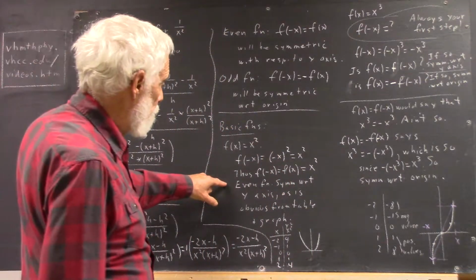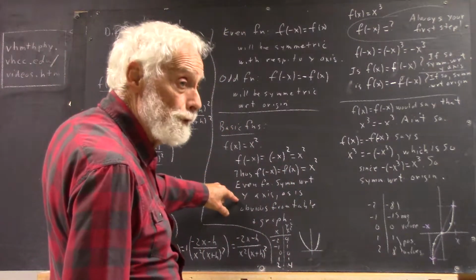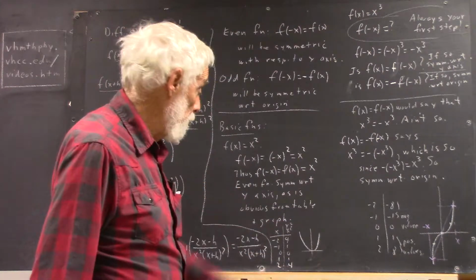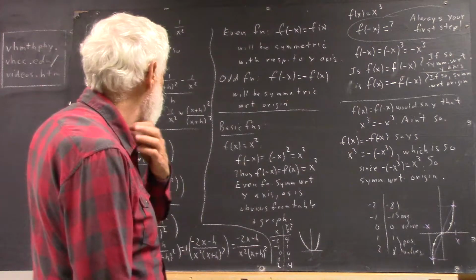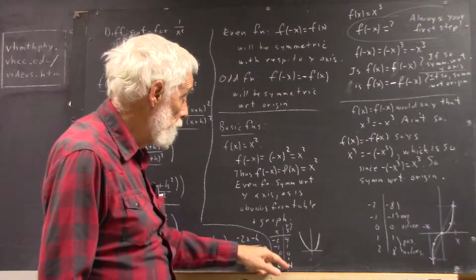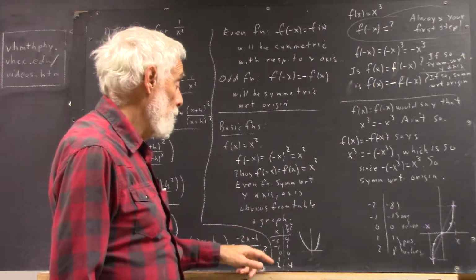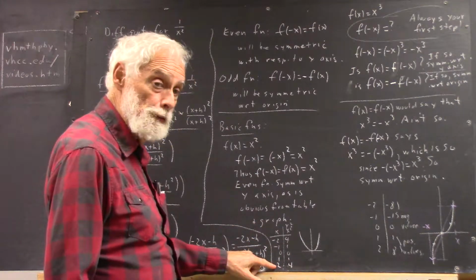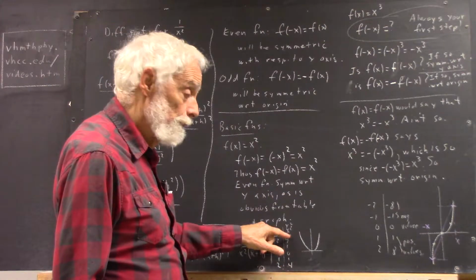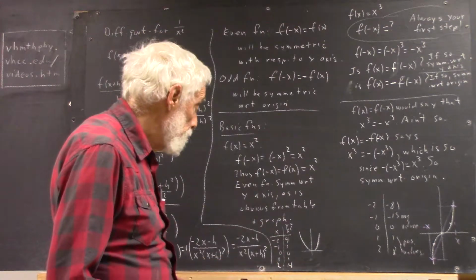This is an even function then, meaning it's symmetric with respect to the y-axis. And that's obvious from the table and the graph. The table tells us, well, negative 2 and 2 give us the same result. If x is 2, f of negative x would be f of negative 2, but it has the same value as f of 2.